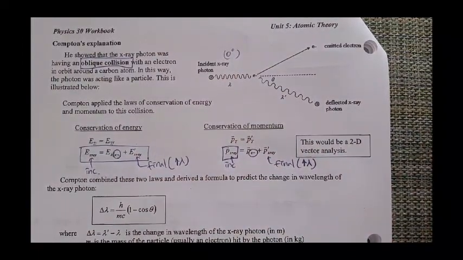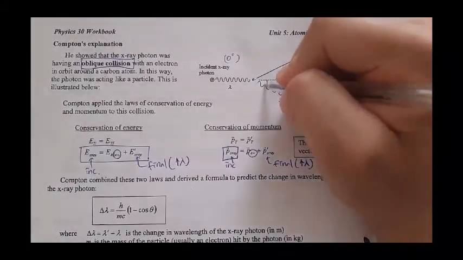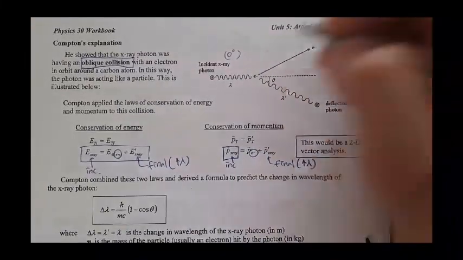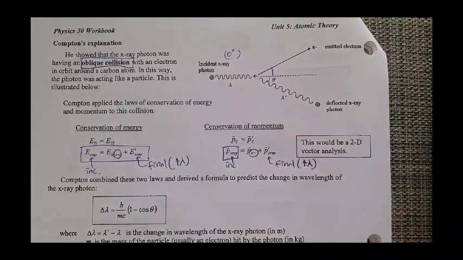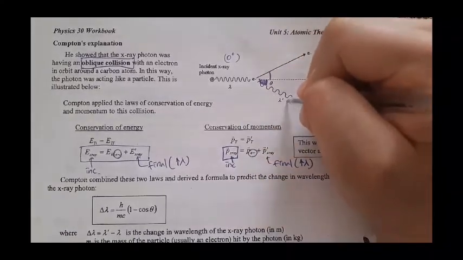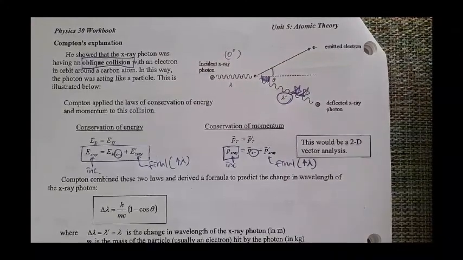In this way, the photon was acting as a particle, and the photon will go at a certain angle over here, and the electron will travel at a certain angle over here. The one thing you need to understand is that the angle of deflection, or our reference angle, is always with the deflected X-ray.